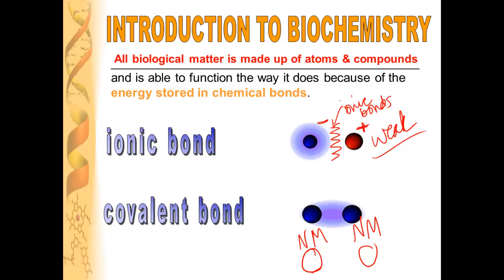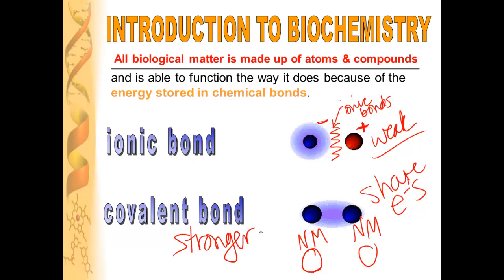What it would prefer to do is share. So covalently bonded nonmetals share their electrons with each other, and in doing so, they form a much stronger bond. It's harder to take covalently bonded molecules apart than it is to take ionically bonded molecules apart.